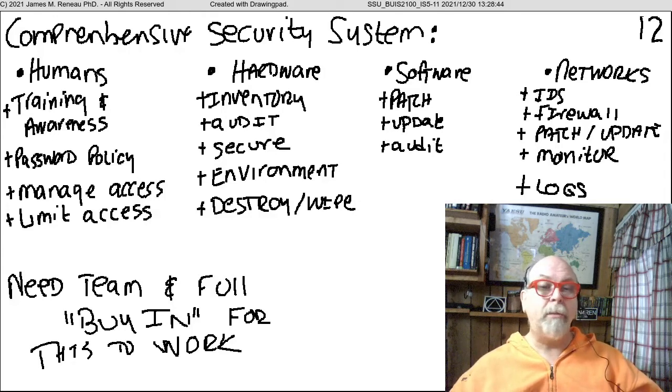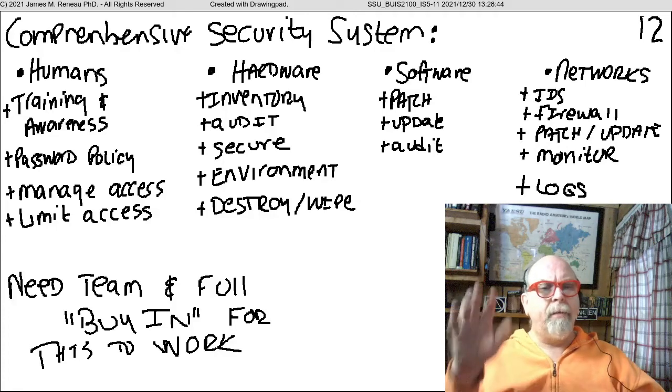And then the networks themselves. Using an intrusion detection system, using a firewall, patching and updating the software on your routers, your firewalls, your IDSs, your switches, and all of those things. Monitoring network traffic, and the logs that go along with all of the network traffic.